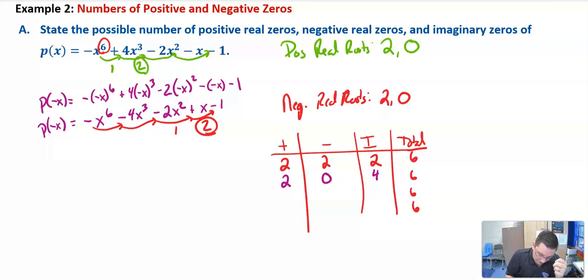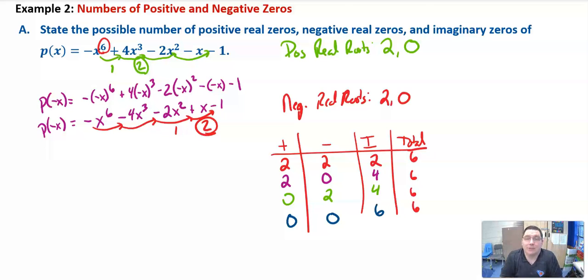Now I'm going to take the 0 and match it with the 2, so I get 0 positive, 2 negative. So 0 plus 2 is 2, so I still need 4 imaginary roots. And then my final case, 0 positive roots, 0 negative roots. And so 0 positive, 0 negative means that all of my roots are imaginary or complex.